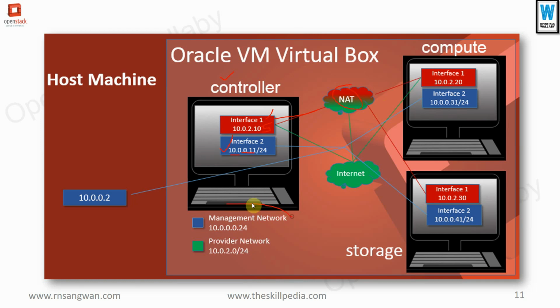So this is management network 10.10.0.0/24, and this is provider network, which is directly connected to the internet, 10.0.2.0. Same thing I'm going to have on compute, 10.0.2.20 interface 2 similar, 10.20.2.15 actually is going to have the same IP address interface, and then interface 1 and interface 2 similar on the storage node.